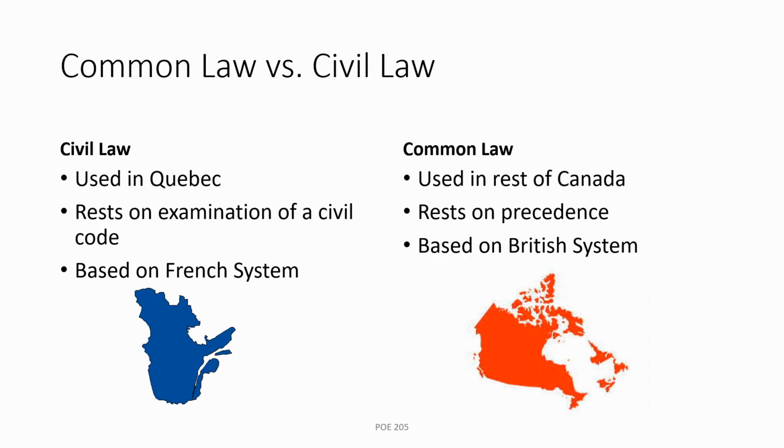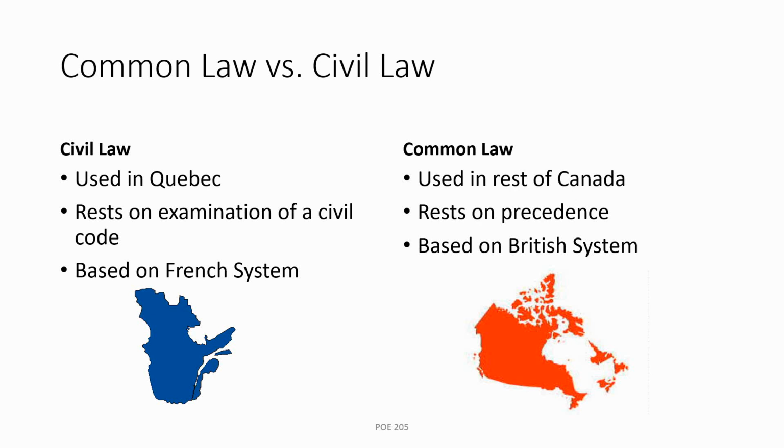In Canada, we have two codes of law, common law and civil law. We'll go through that really quickly. I'm not a legal expert, but it's important to know civil law is used in Quebec. It rests on a particular civil code based on the French system, whereas common law is used in the rest of Canada, and it rests on precedents. So it's based on the judicial system.